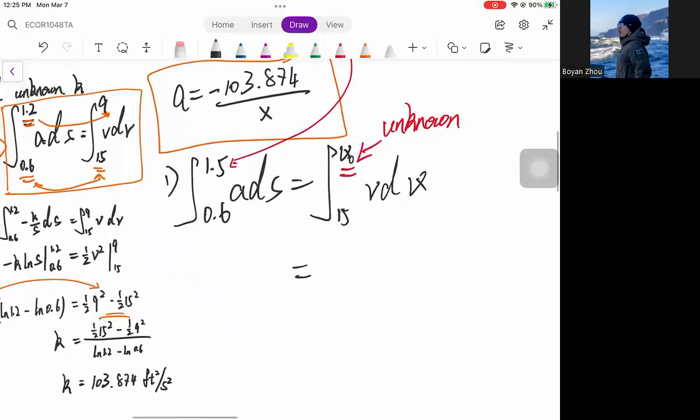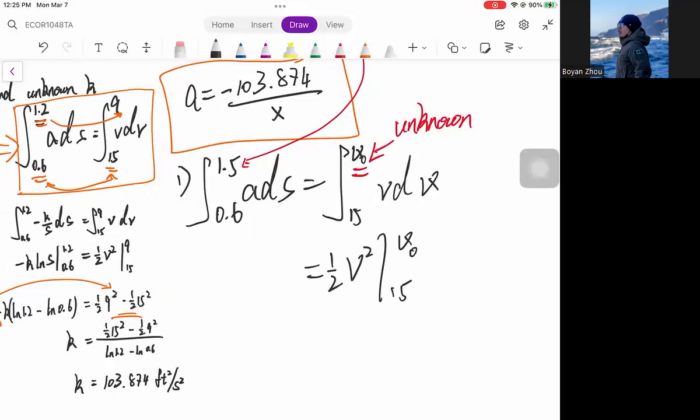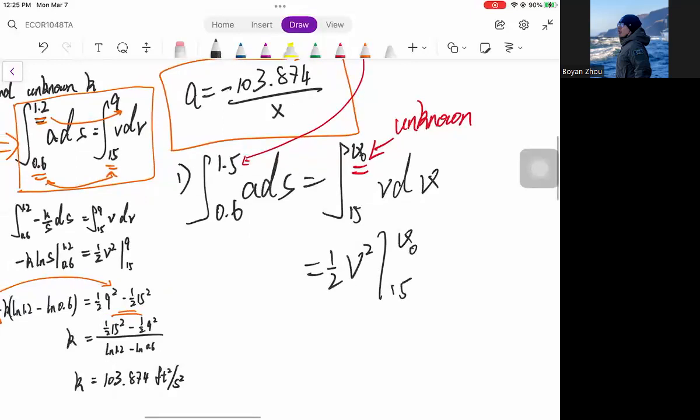And the next step is just solving the equation like before. So on the right hand side is the same, half v squared evaluating from 15 to v, or v naught, the unknown we are going to solve.